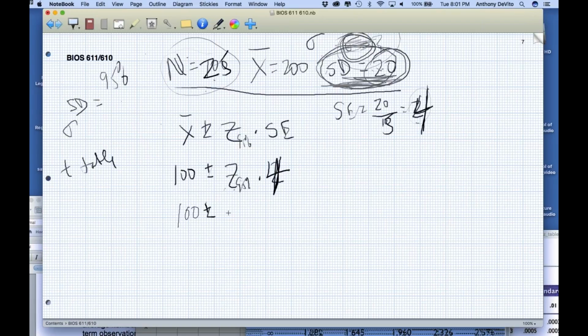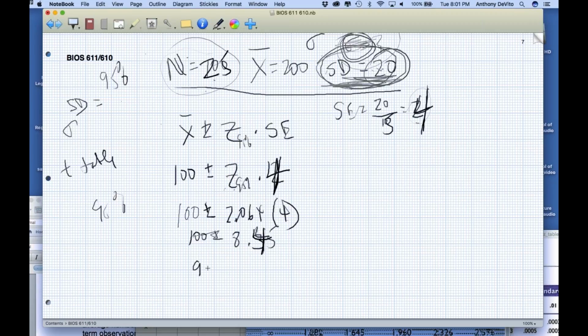The mean plus or minus my t-score, which is 2.064, times 4. Our 95% confidence interval is going to be 100 plus or minus 8.3. I'm going to call it 8.4 just so I can do this quickly.